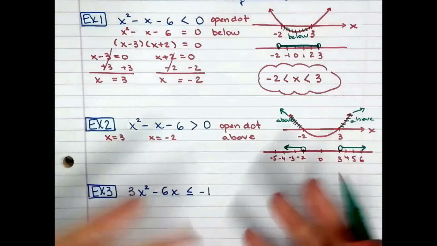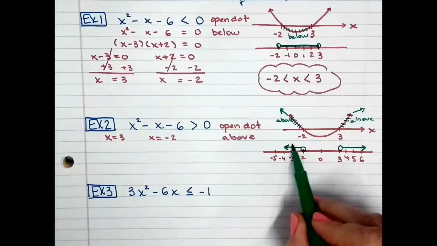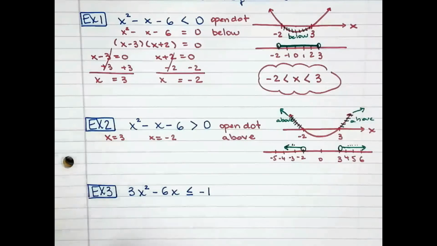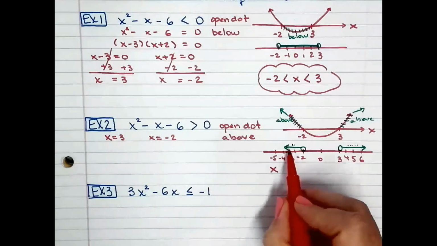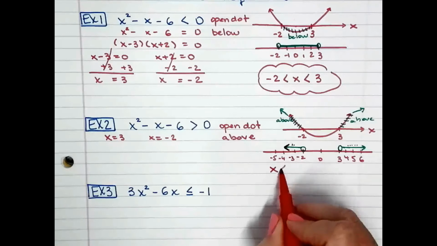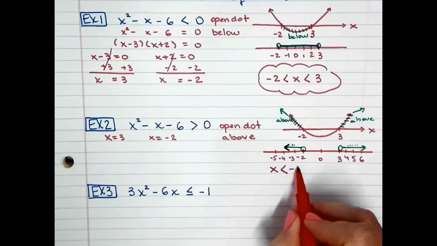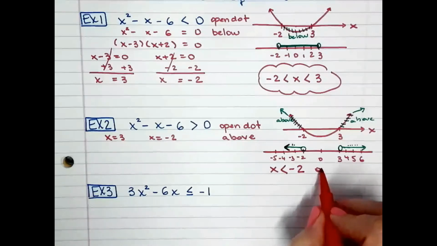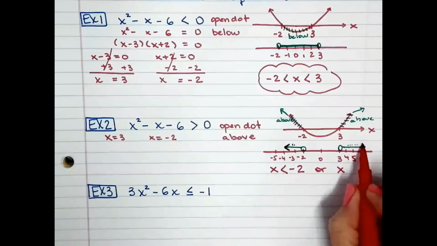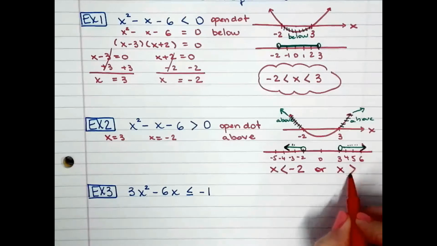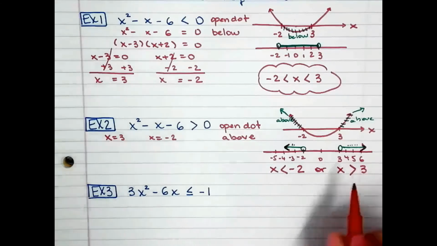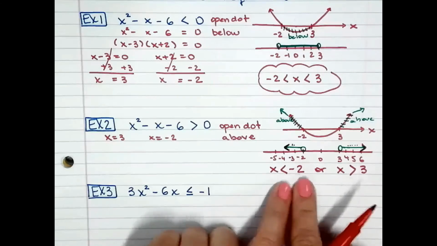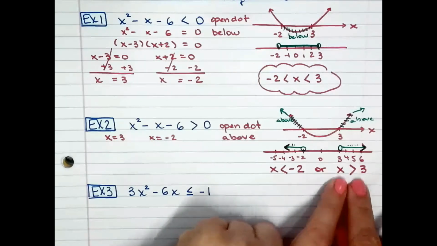So where's x? What is x? X is there. X is there. How do I write that? Well, x is everything going that way, -2. So x is less than -2. Or x is everything going that way. That way. So x is less than -2, or x is greater than 3.